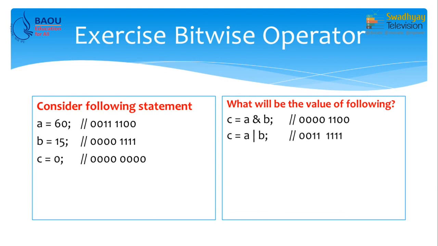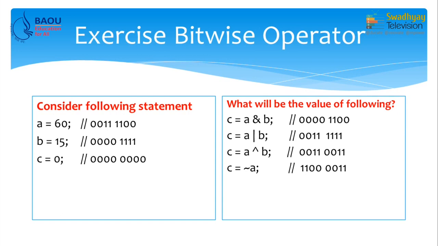Suppose I want to perform the OR operation. Anywhere we have 0 and 1 or 1 and 1, we will get 1, as shown on screen, which you can again verify from the truth table that we have discussed. When we perform exclusive OR, if both digits are 1 or both digits are 0, then we have 0, otherwise we have 1.